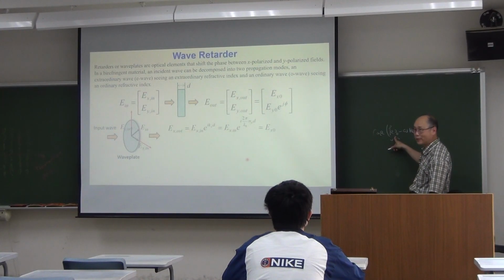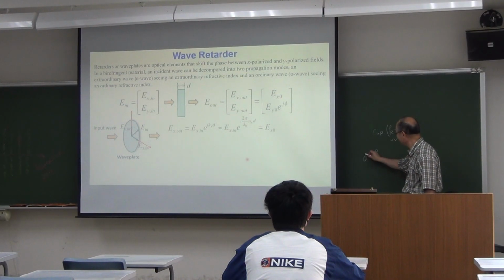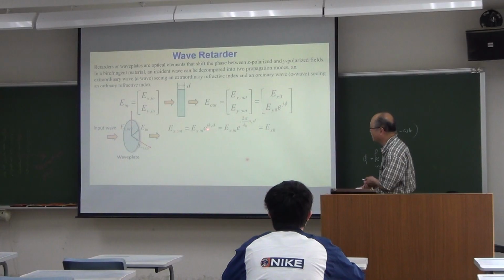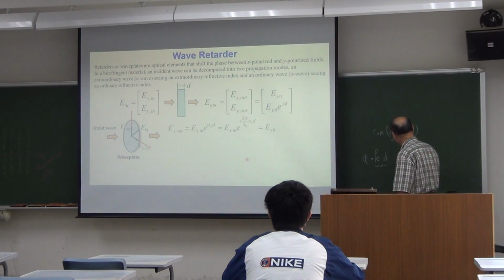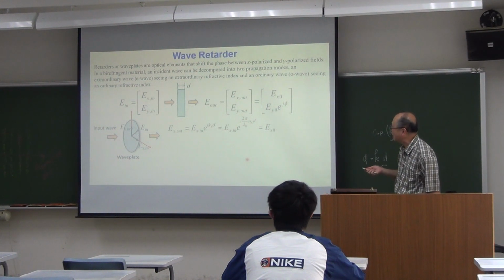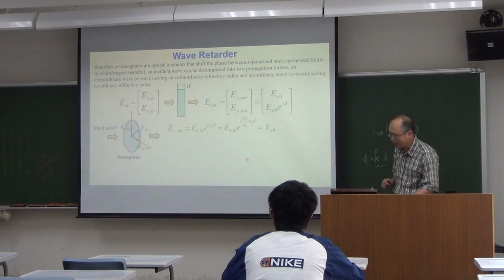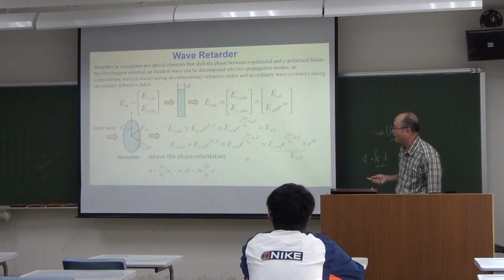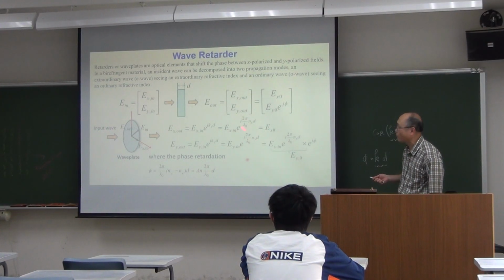If you have some thickness d in space, then you'll be calculating this phase. And this k, remember, is 2 pi over lambda. So you end up accumulating phase for the X polarization by this much, and the same thing along the Y direction. Suppose that nx and ny are different.